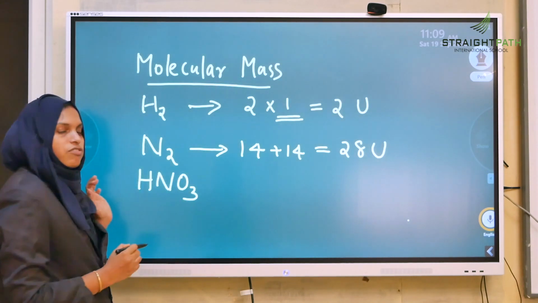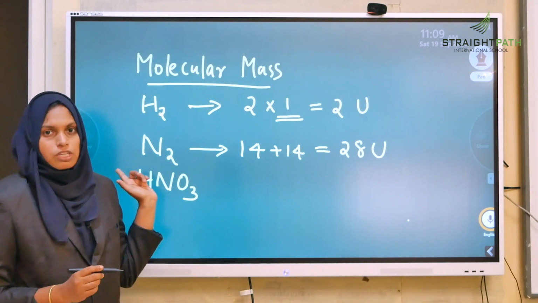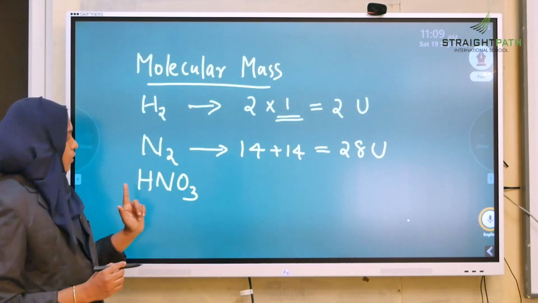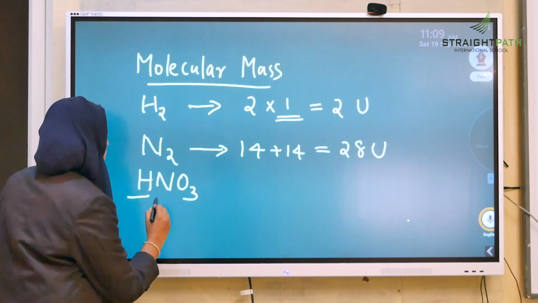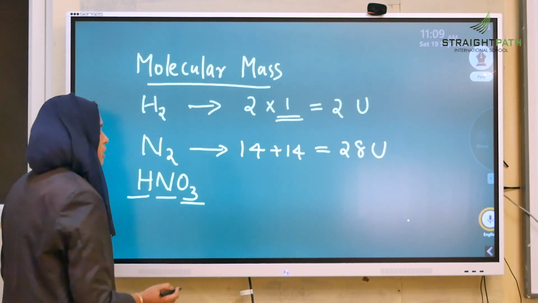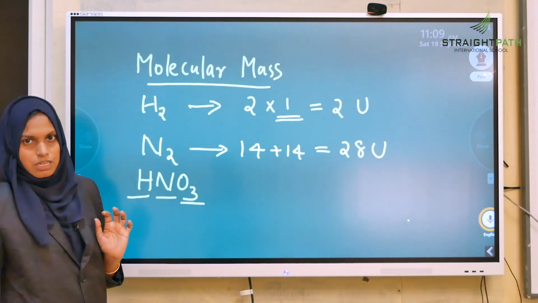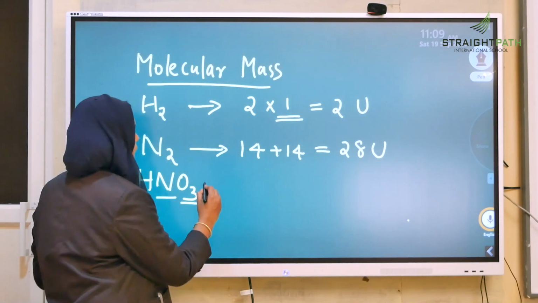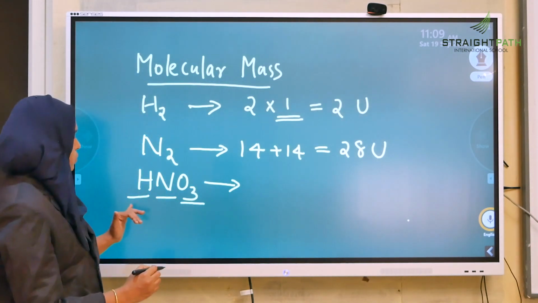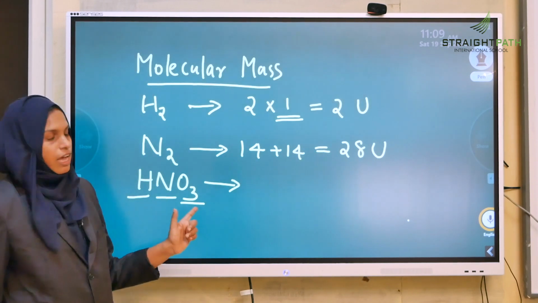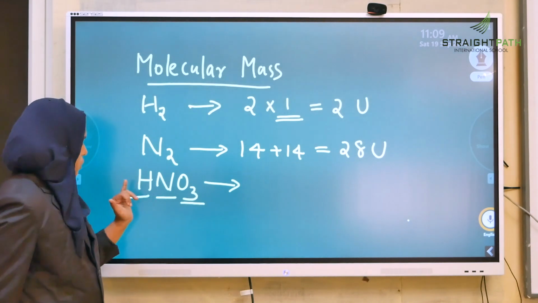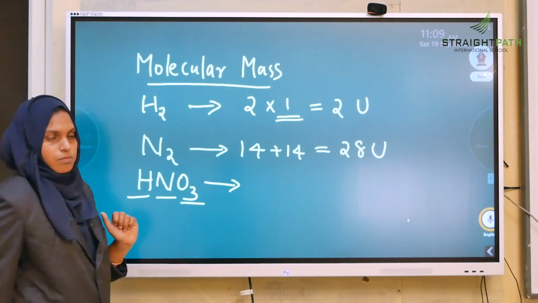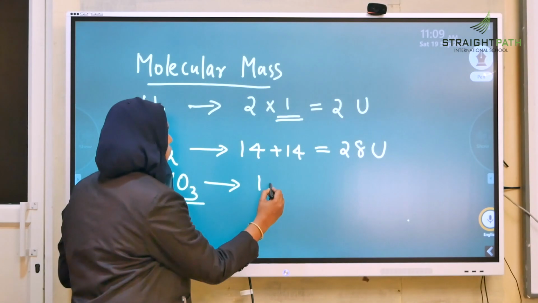Next, we can discuss one complex example, that is HNO3. So how can we find the molecular mass of HNO3? We can calculate it by adding the atomic masses of hydrogen, nitrogen, and here 3 oxygens are there. So we have to add the atomic masses of all these atoms. For hydrogen, the atomic mass is equal to 1.